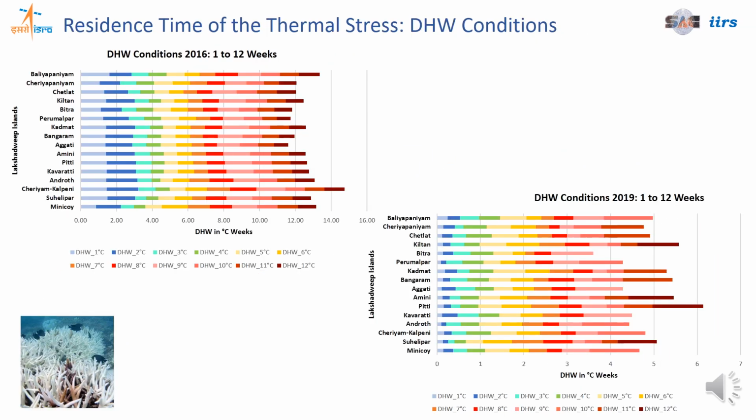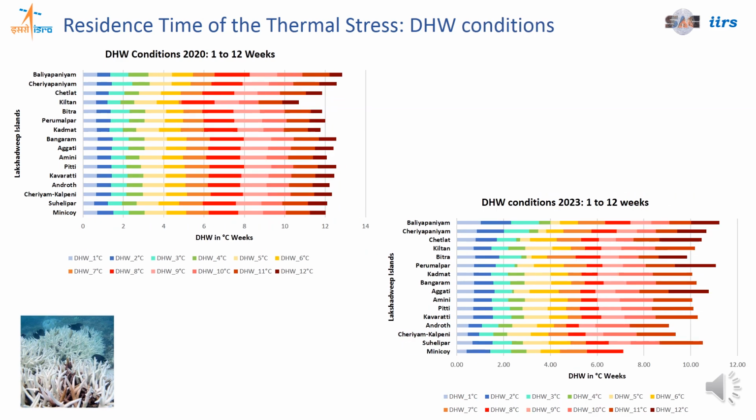And if we look into the residence time of the thermal stress in terms of the DHW conditions, which is a very popular index for measuring the thermal stress intensity over a 12-week aggregate period, then we find that in 2016, for all these 16 islands, they are almost registering a score of more than 12 DHW, or they're crossing 10, and it's almost close to 12. In 2020, again, almost all the islands are consistently reaching up to 12 DHW or so.